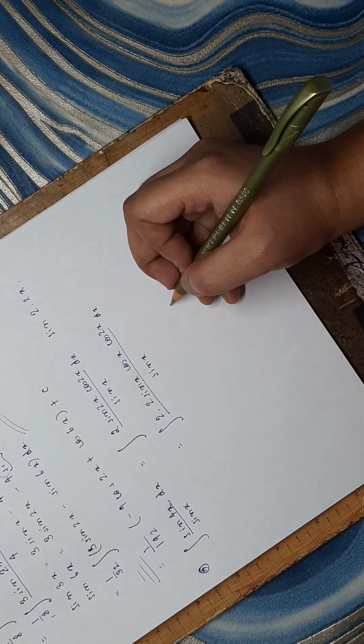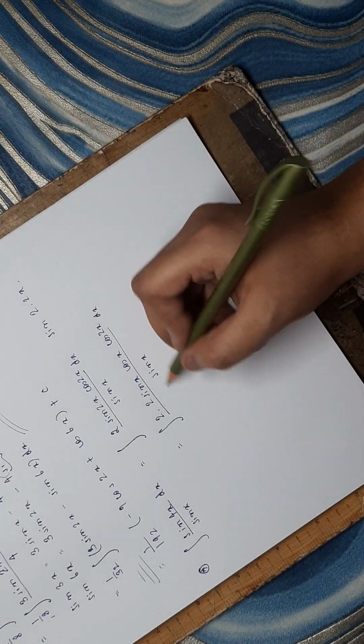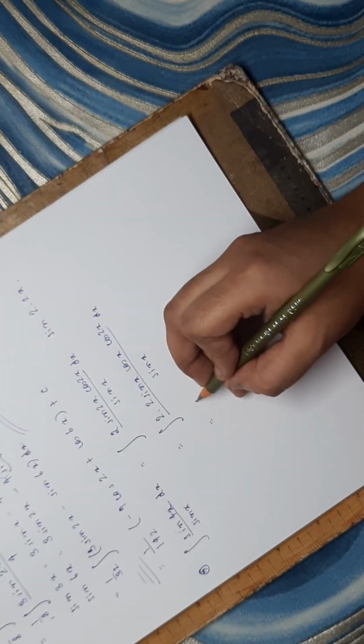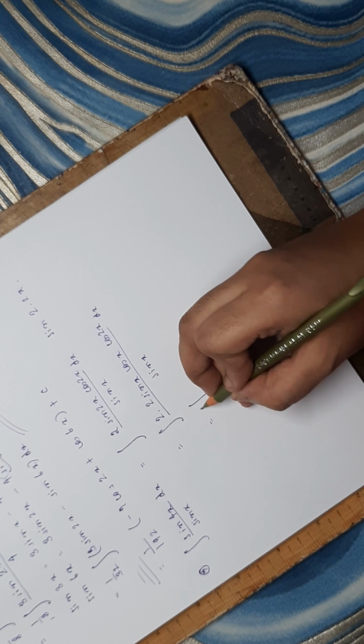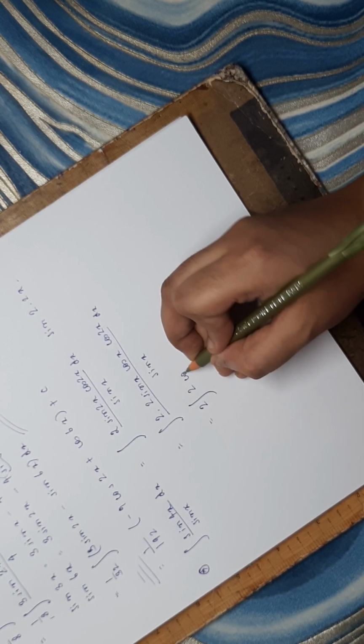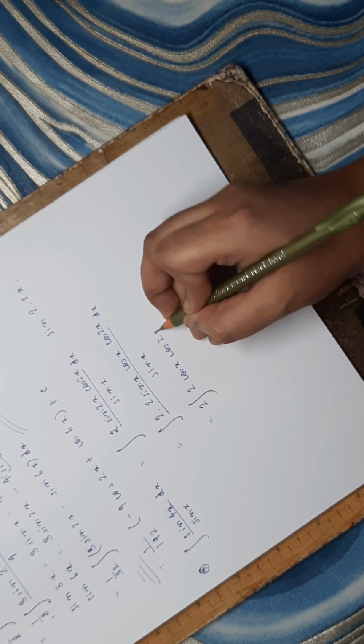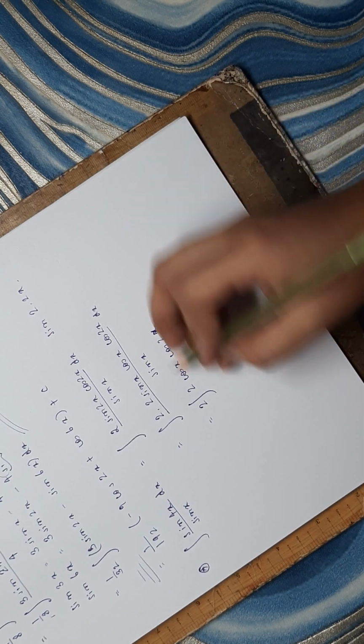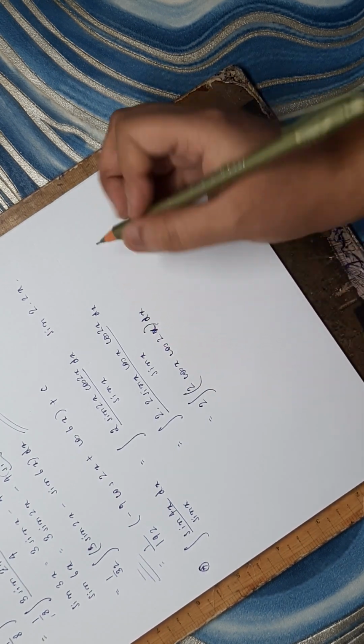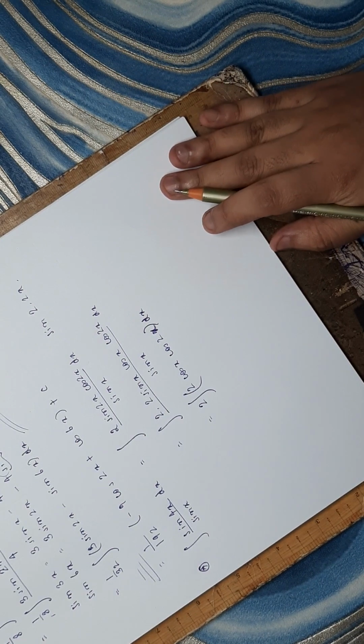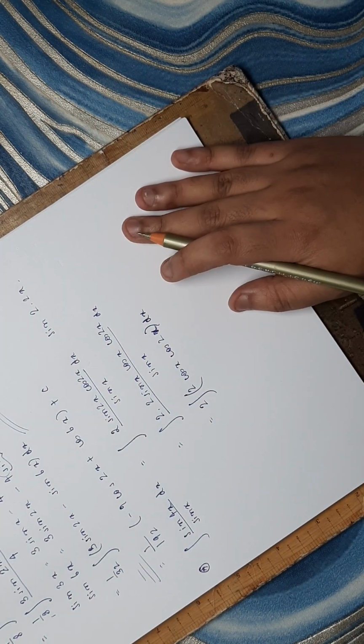All right, sine x goes away, so finally what we get? A 2 will come outside, cos 2x will remain inside, so we will again come across the very familiar formula that we came across 2 problems earlier.